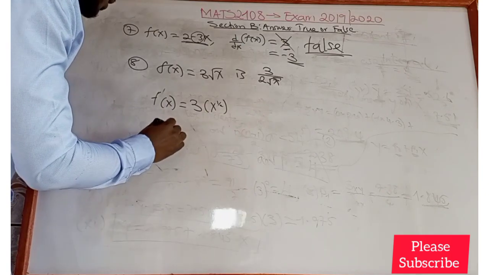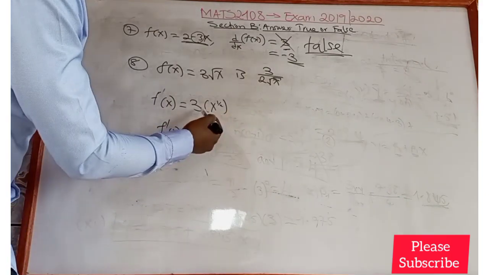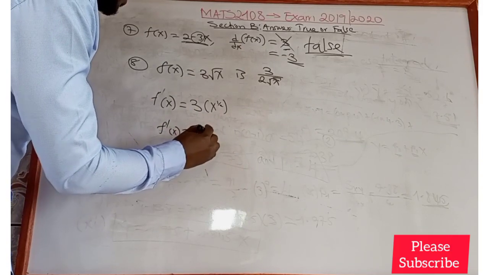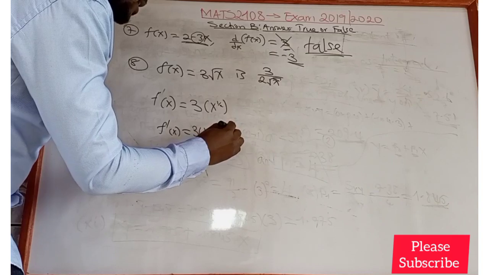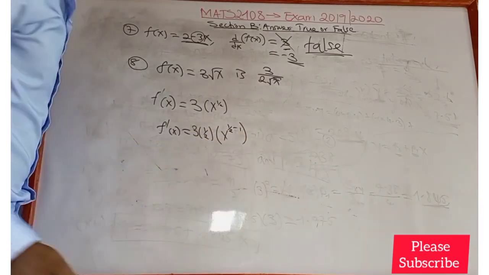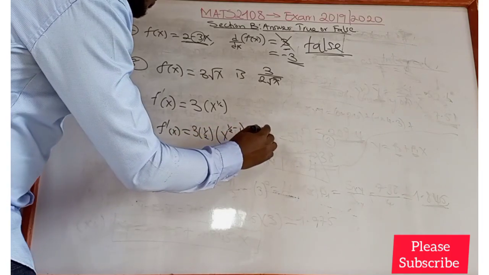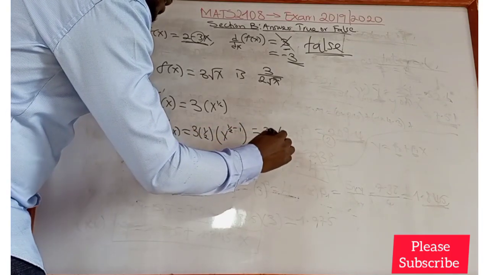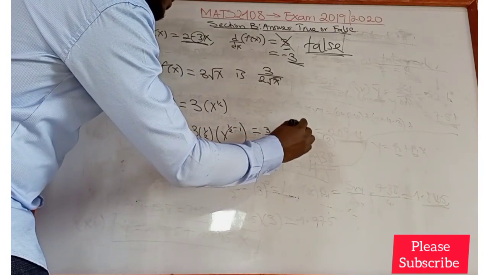Then we simply apply the power rule of differentiation. Bring down the power, so we have 3 times half. Copy the function and subtract 1 from that power. That's all. So simplifying this is 3 on 2 times x to the power half minus 1, which is negative half.